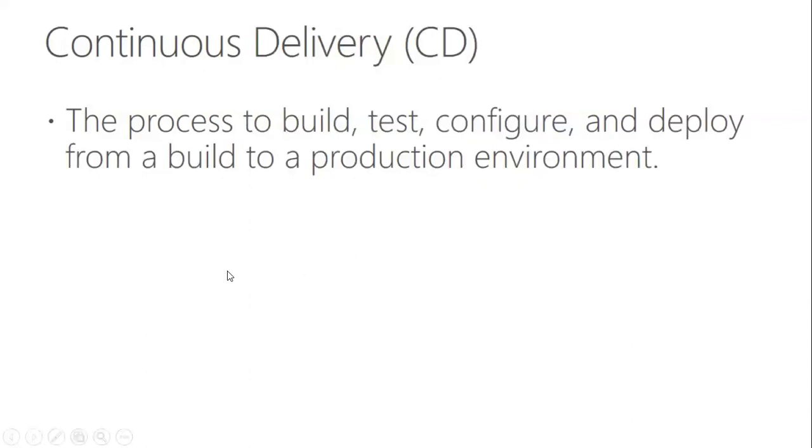Next, CD, that is continuous delivery: the process to build, test, configure and deploy from a build to production environment. So here four things are involved: build, test, configure and deployment. If someone asks the difference between CI and CD, in CI we work on two items, automating build and test.